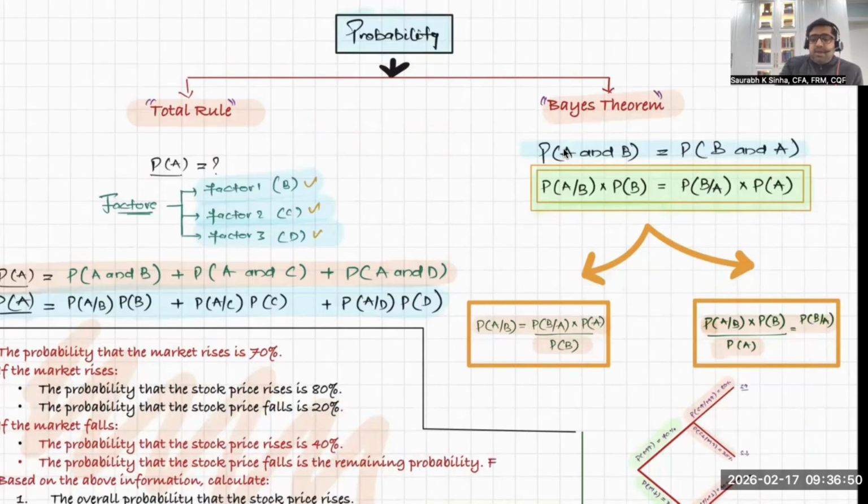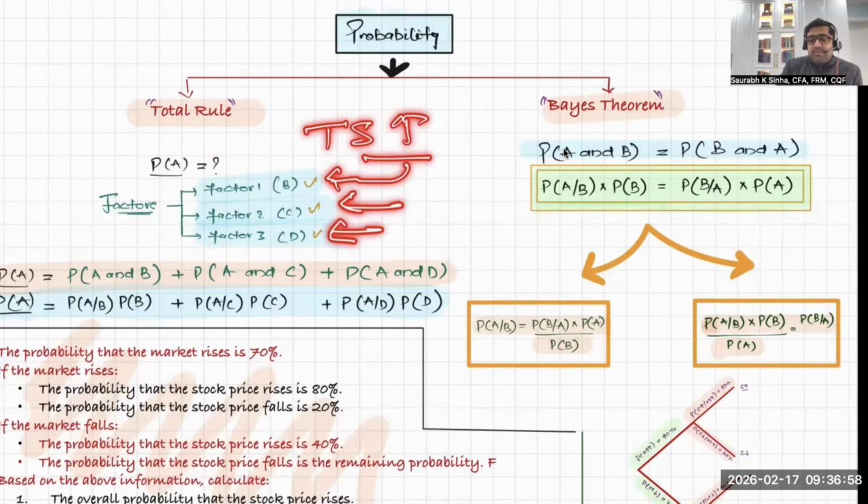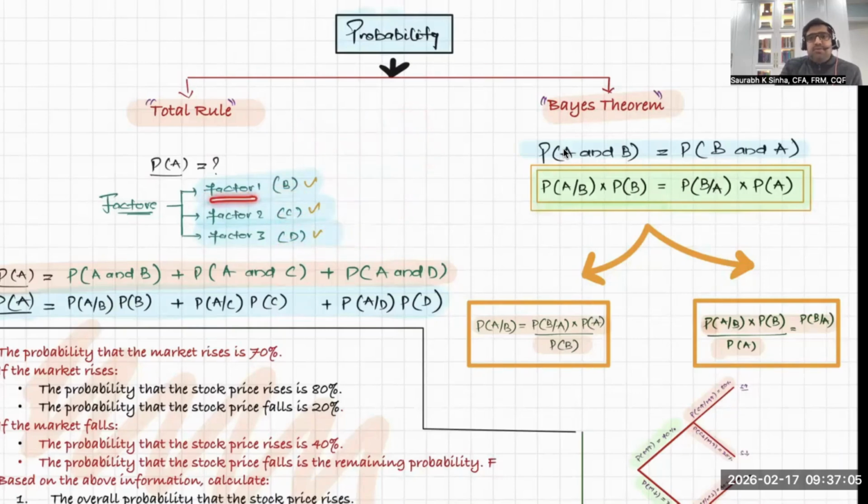Now, we know that Tesla stock price rising is dependent upon multiple factors: factor F1, factor F2, factor F3. We are calling these factors B, C, and D. What could be factor F1? The first factor would be that the market has risen. What is the probability of Tesla stock price rising? Because Tesla stock price rising is also dependent upon the market. So market is one of the factors.